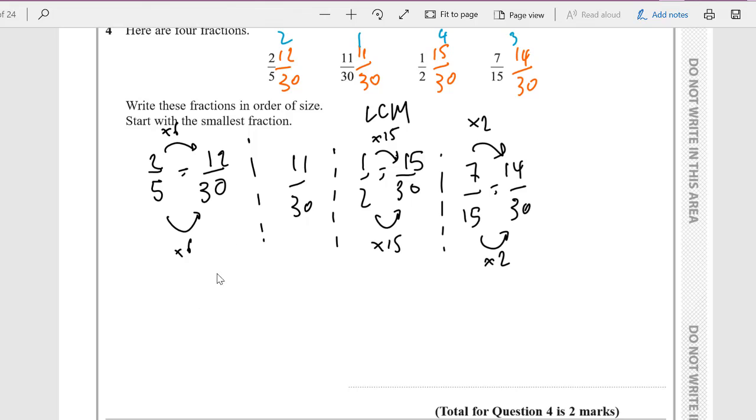So if we write out in its original form, we'd say 11 over 30, and then 2 over 5, and then 7 over 15, and then a half. And that will be our sequence in terms of order of size from smallest to the largest.